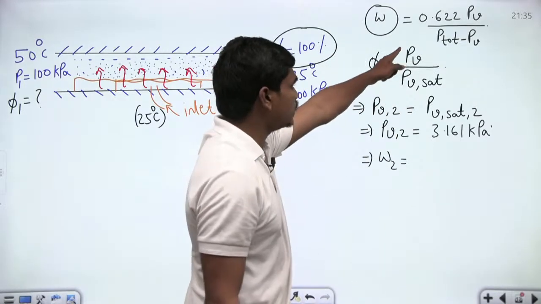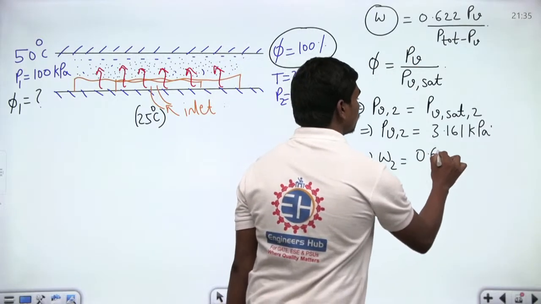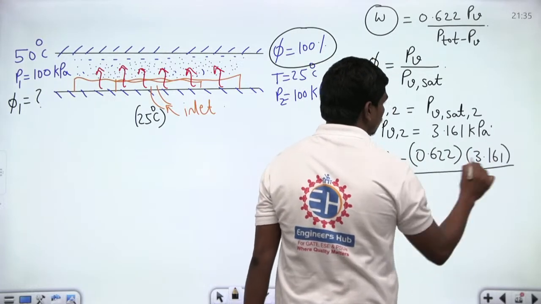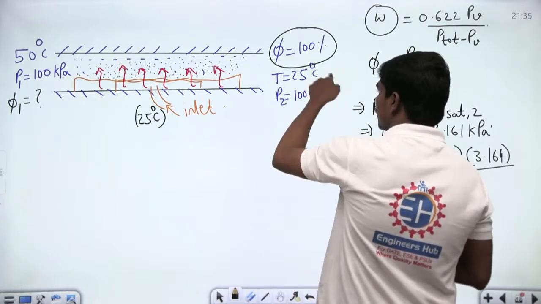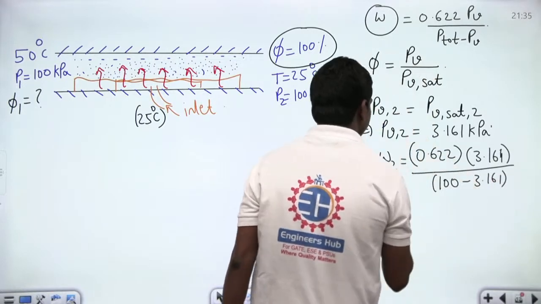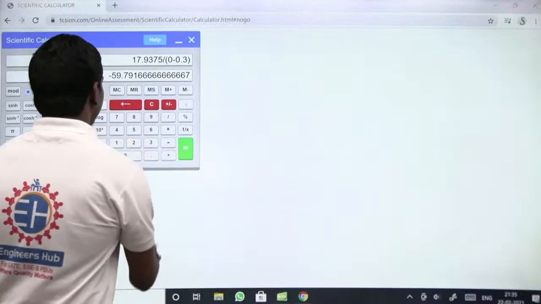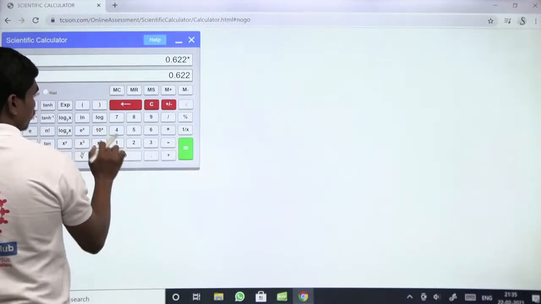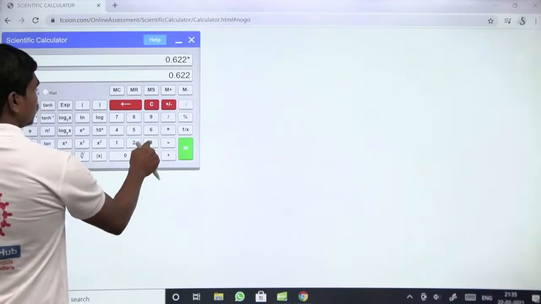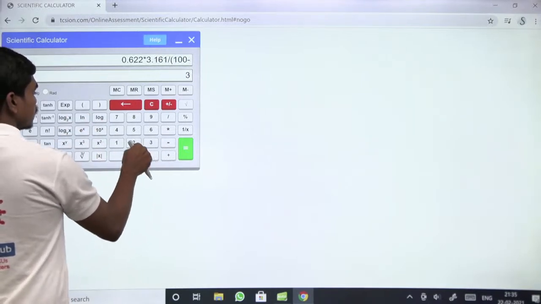we know this expression: 0.622 into PV divided by P total minus PV. So 0.622 into 3.161 divided by, we know the total pressure at the exit is given as 100 kilopascals, so 100 minus 3.161. This implies omega 2 is equal to, let us calculate this value, 0.622 into 3.161 divided by 100 minus 3.161.